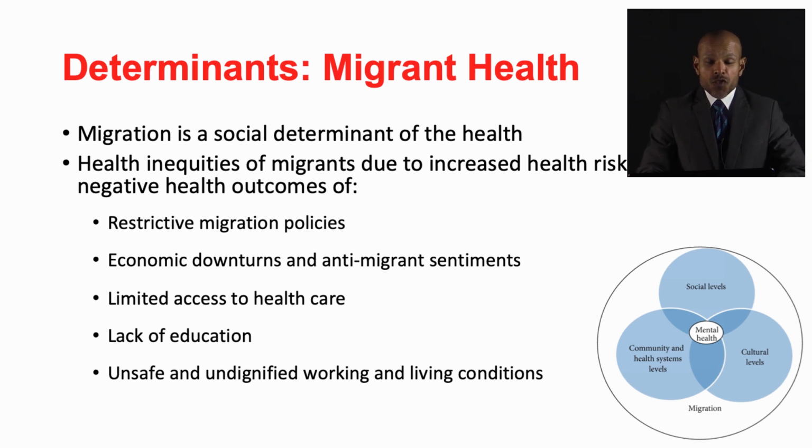Some countries have restricted migration policies, which reduces the predisposition of persons to migrate into those countries or regions, while other countries have more open policies, and open policies tend to be more attractive for relocation of refugees and migrants.